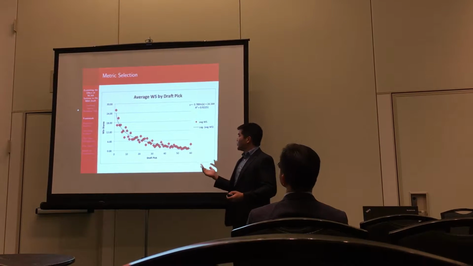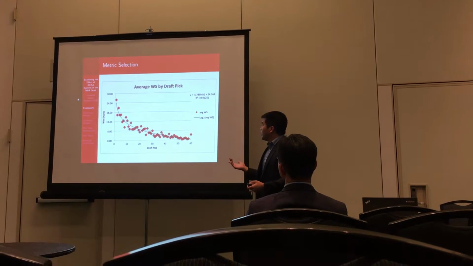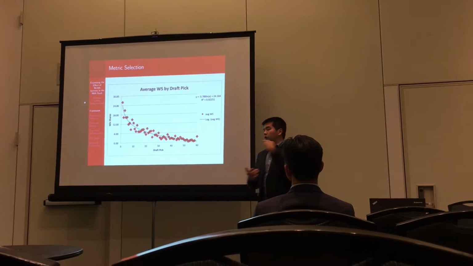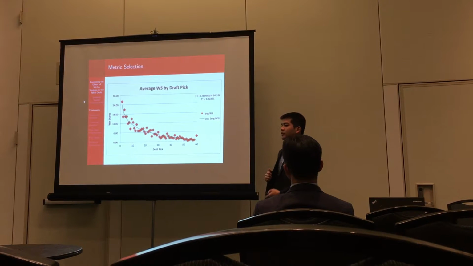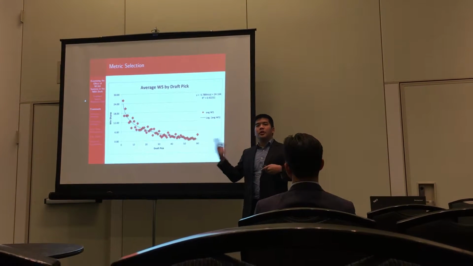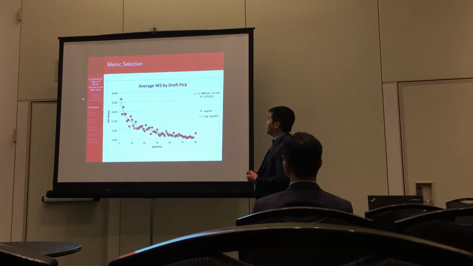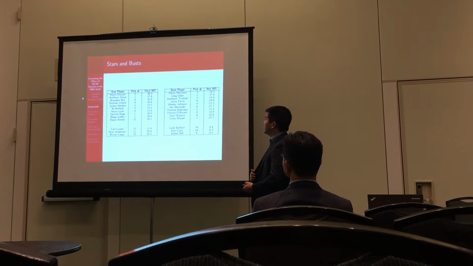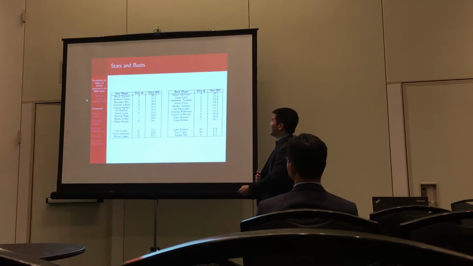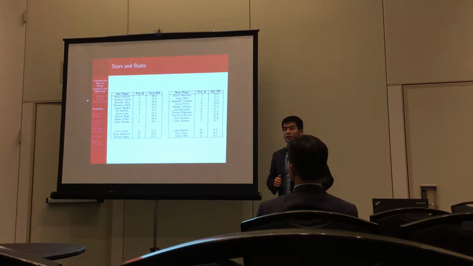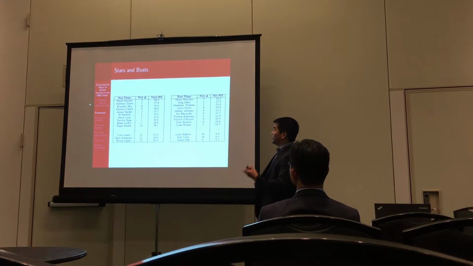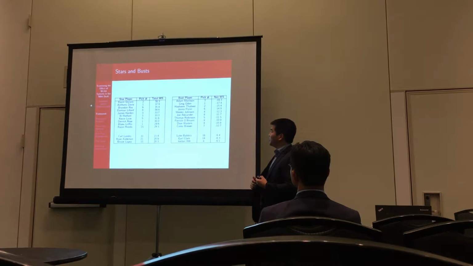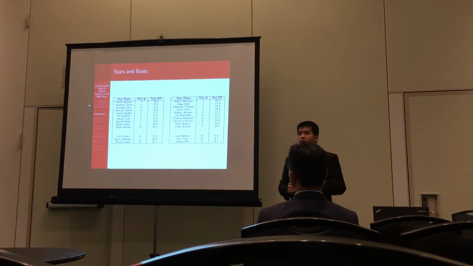So now we have some semblance of expectation. When I go into how we define stars and busts, it'll be with respect to some measure of their win share performance. Here are the stars and busts that we devised. If you're familiar with basketball, a lot of these stars are probably very familiar, and even some of the busts. Here was our criteria.